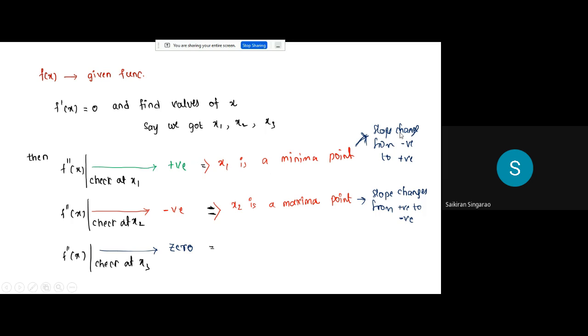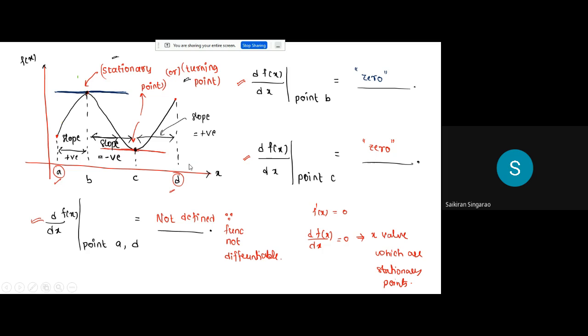If the slope is changing from negative to positive, it is called a minima point. Very simple. Here also you can understand. Here the slope is changing from positive to negative, so it is a maxima point. And here the slope is changing from negative to positive, so this is a minima point.